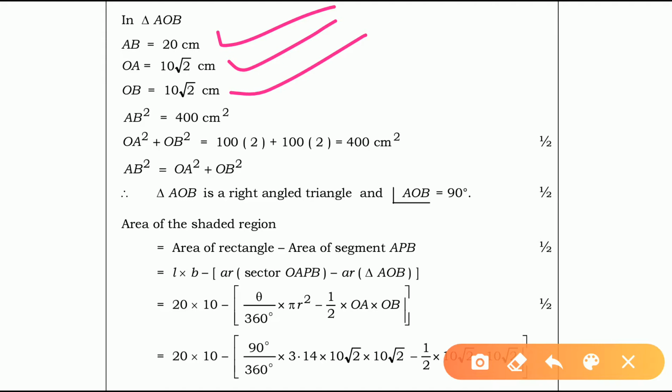First we have to prove the triangle AOB is a right angle triangle. AB square is equal to 400 cm square. OA square plus OB square is equal to 200 plus 200.